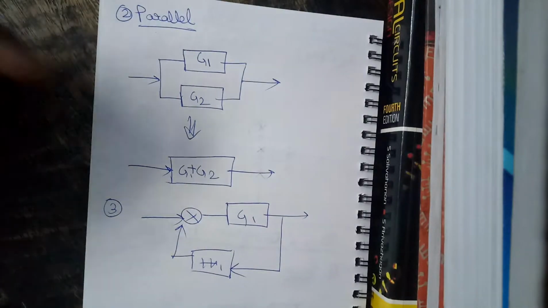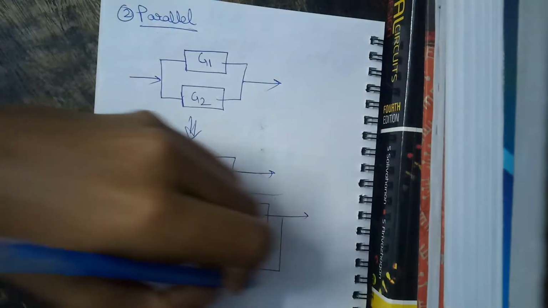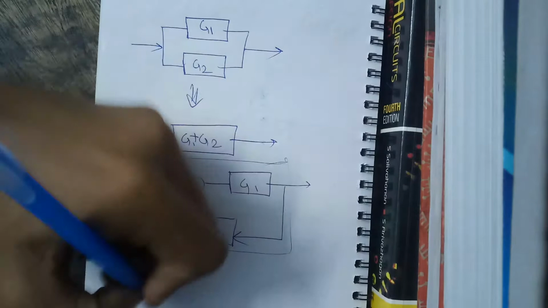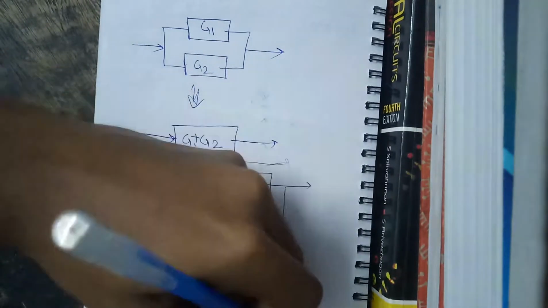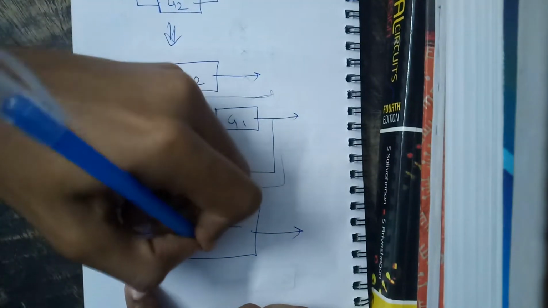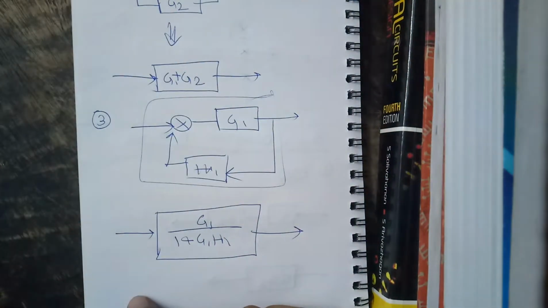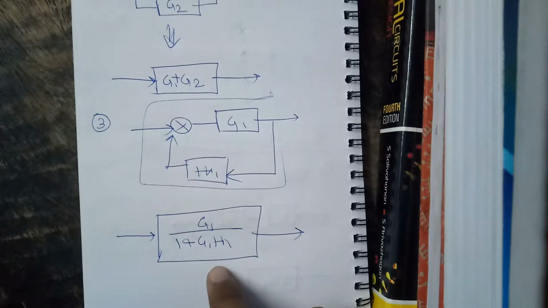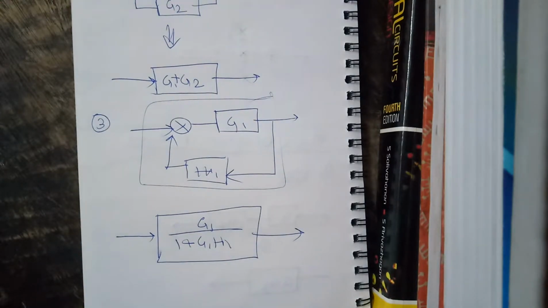So we know that this is the closed loop transfer function formula. The whole transfer function, if we write it together, would be g1 by 1 plus g1 h1. We know that this is the closed loop transfer function formula that we have derived already. So this is rule 3, that is the feedback rule.